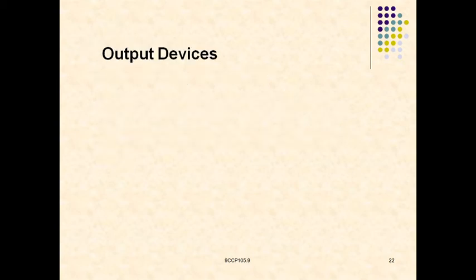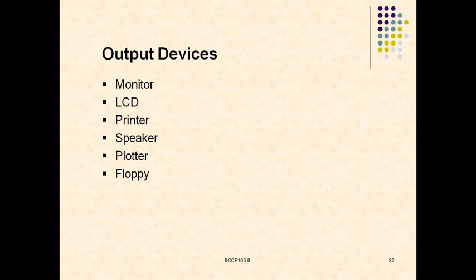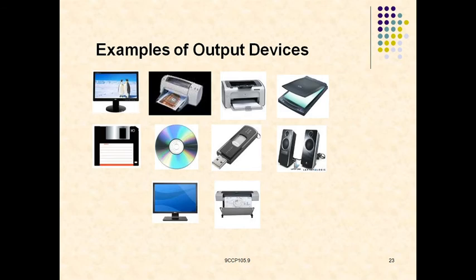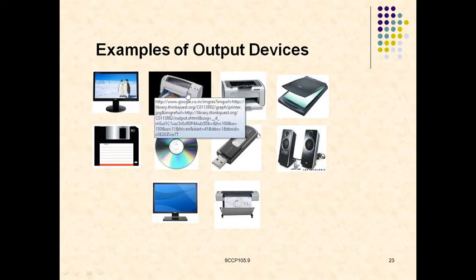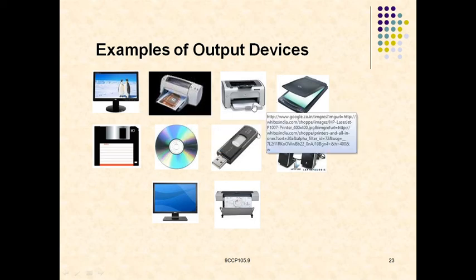Okay students, the output devices you have are monitor, that is an LCD type of monitor, printer, speaker, plotter, floppy, CD, pen, scanner. Examples of output devices you can see here: this is a monitor, LCD monitor, and this is a printer.